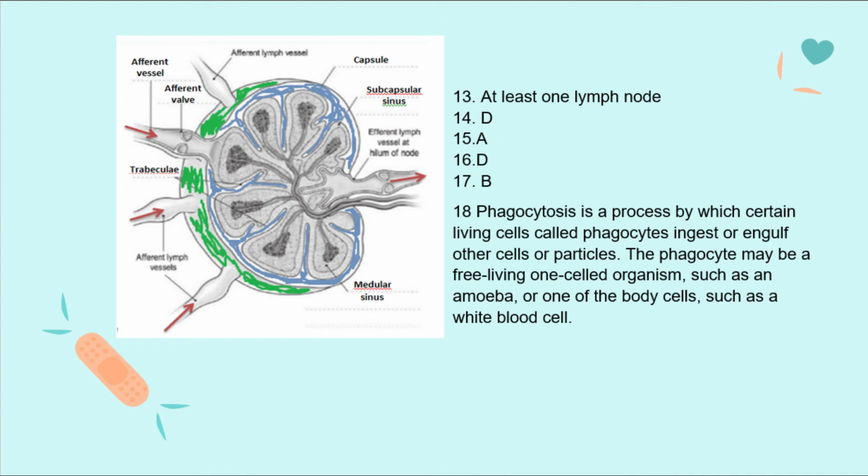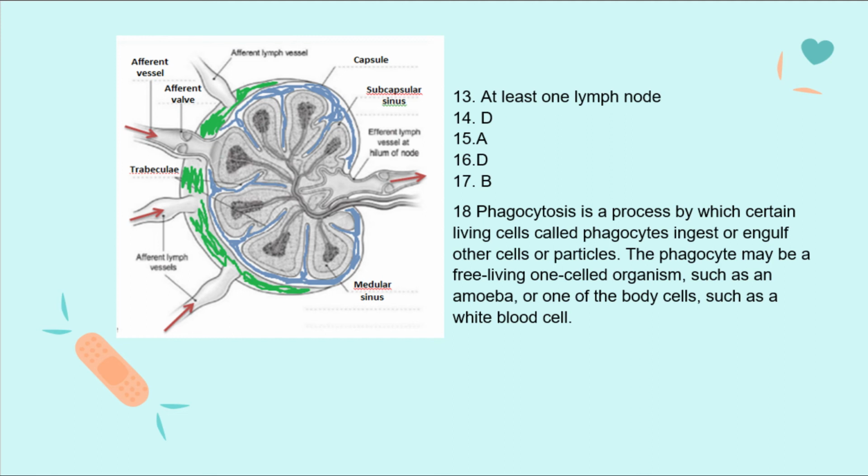Labeling and coloring. For number 11, figure 6.2 shows the internal structure of a lymph node. Label the structures indicated and color the capsule and associated trabeculae. So as you can see in the picture, the labeled parts are the afferent vessel, afferent valve, capsule, subcapsular sinus, trabeculae, and the medullary sinus.